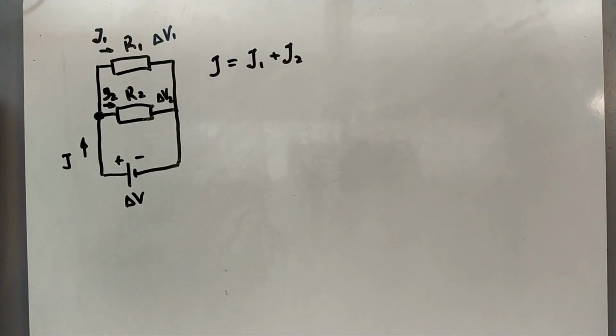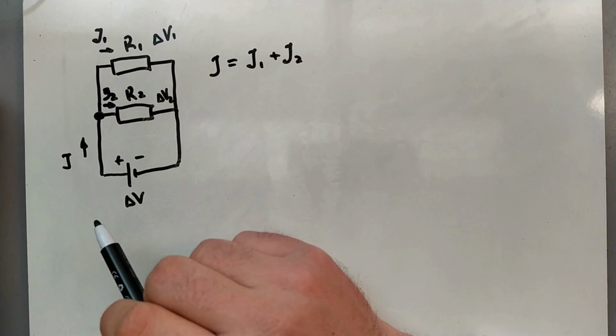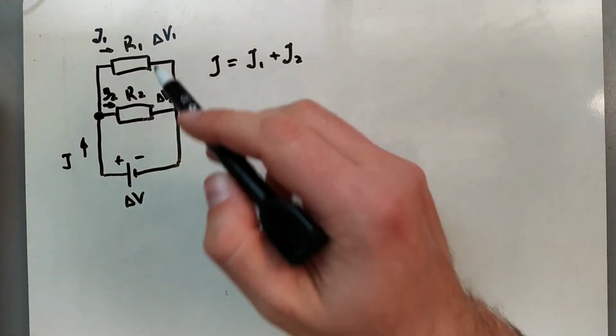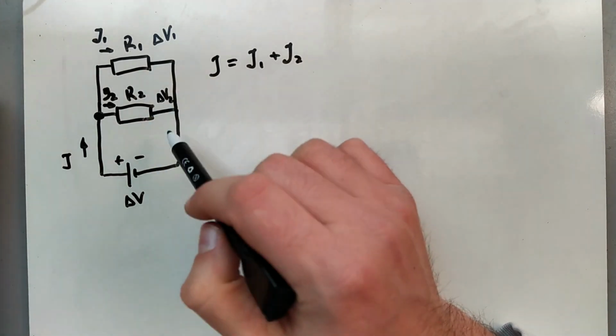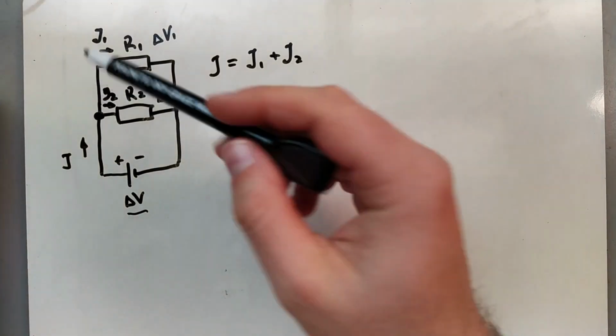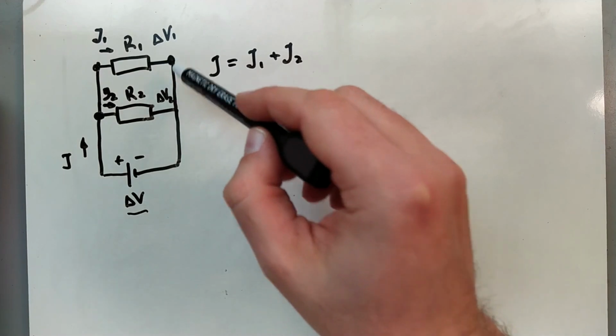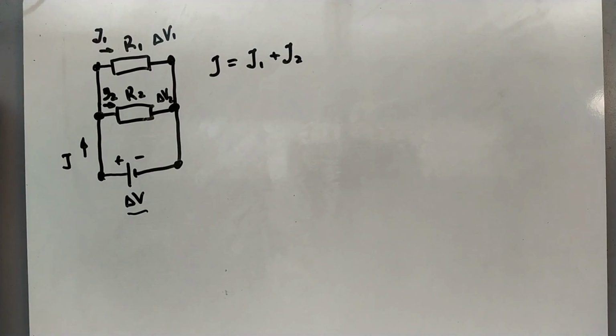So another important point here is that potential drop over resistor R1 and R2, delta V1 and delta V2, they are equal, and they are equal to the total potential difference between the terminals of the power supply, because all these terminals of resistors are connected to the same terminals of the power supply, since we have parallel connection.